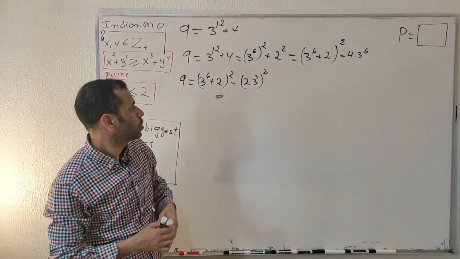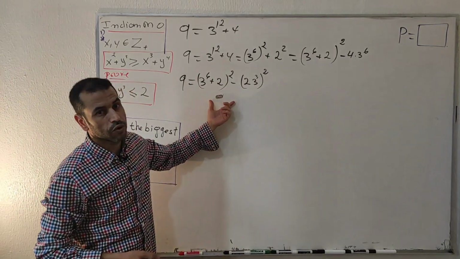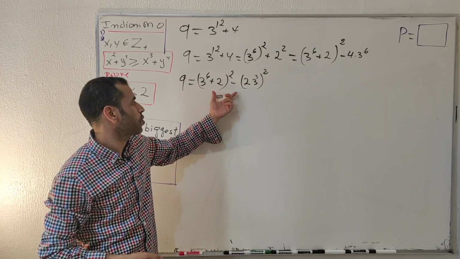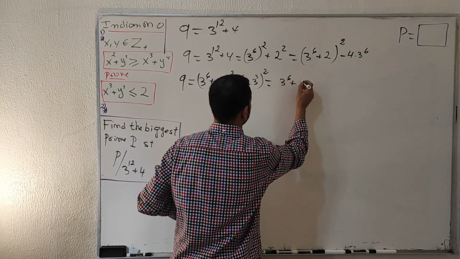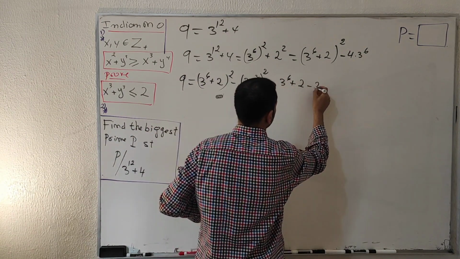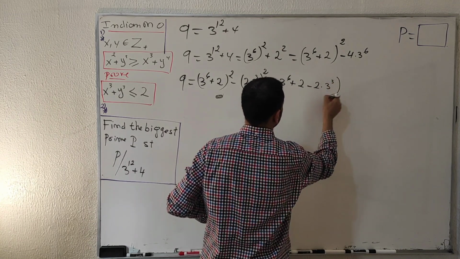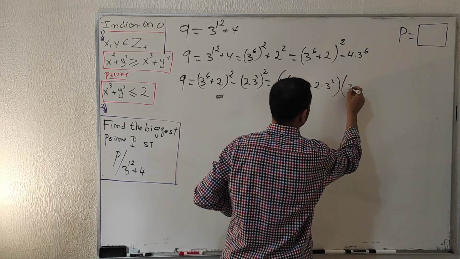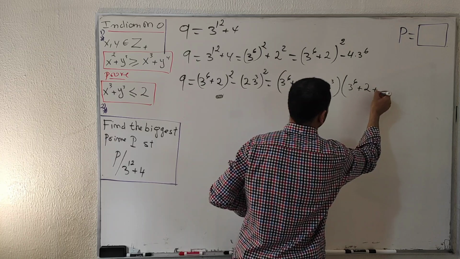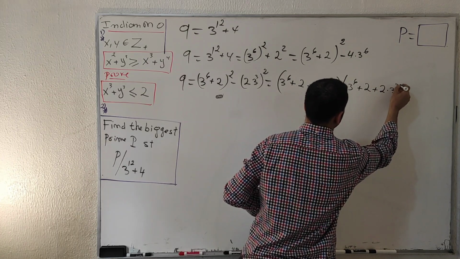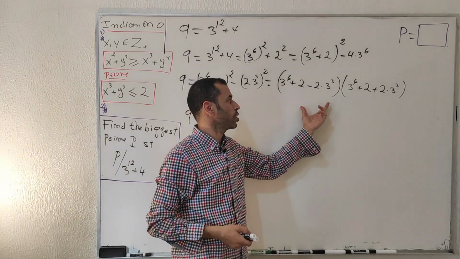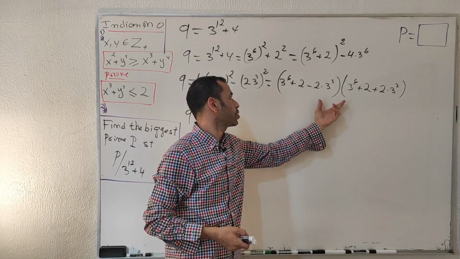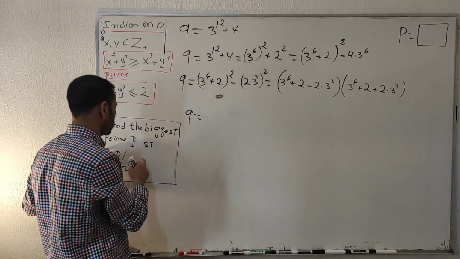Okay. So now I have a difference of two squares. I'm going to factor this one in the form of a product. So I will have (3^6 plus 2 minus 2 times 3^3) times (3^6 plus 2 plus 2 times 3^3), like this. Now I have created a nice product here. This is going to be written in the form of the prime factorization, as I said before.